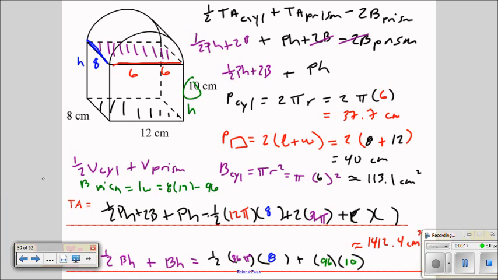We needed the perimeter of the base, and the perimeter of the base is found by taking 2 times the length plus the width. So that would be 2 times 8 plus 12, or 2 times 20, which is 40. So the perimeter of the prism is 40. And then the height of the prism would be 10. 10 represents the distance between the two bases.